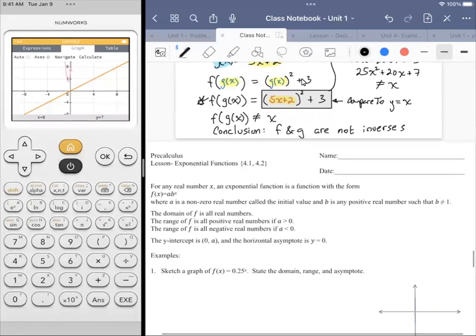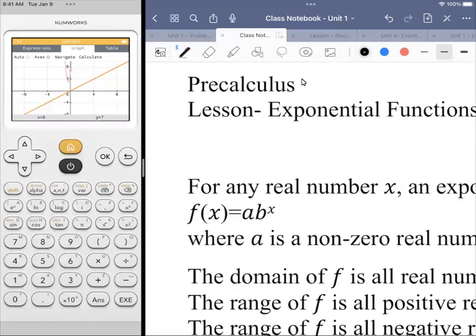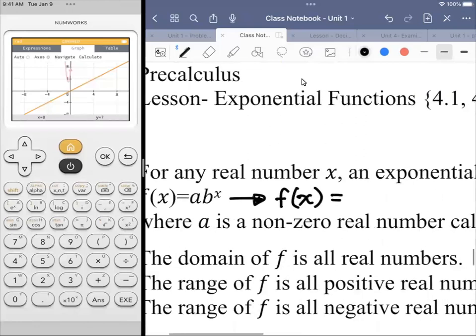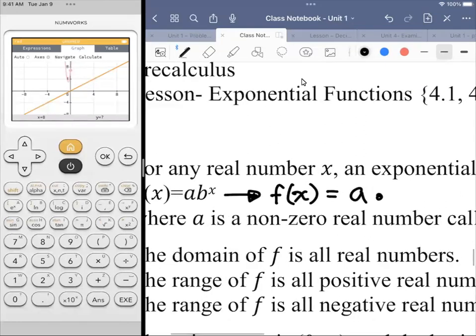For any real number x, an exponential function is a function of the form f of x is equal to a times b to the x power. I'm just going to really exaggerate that for a sec. So f of x is equal to a times b to the x.